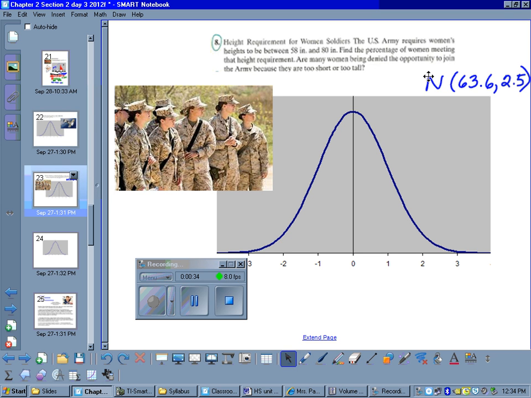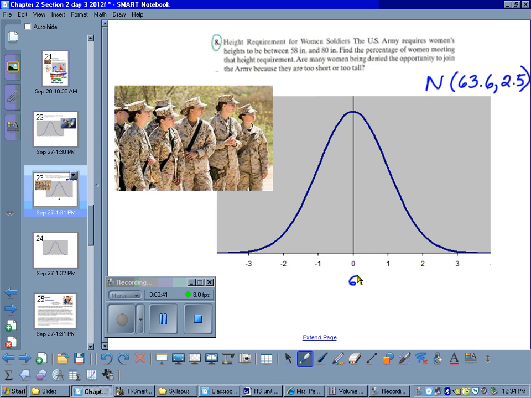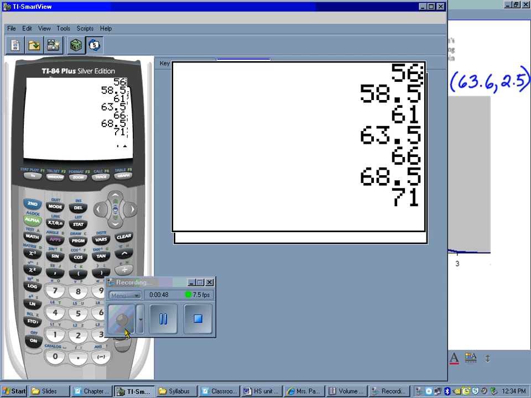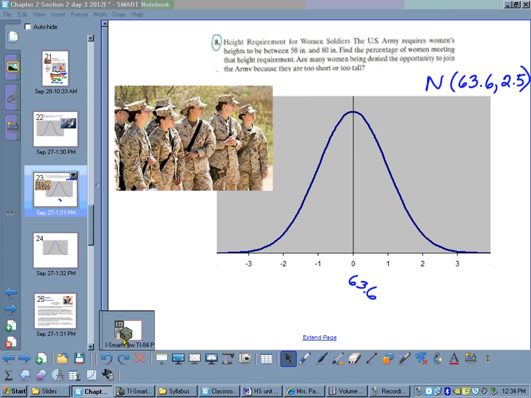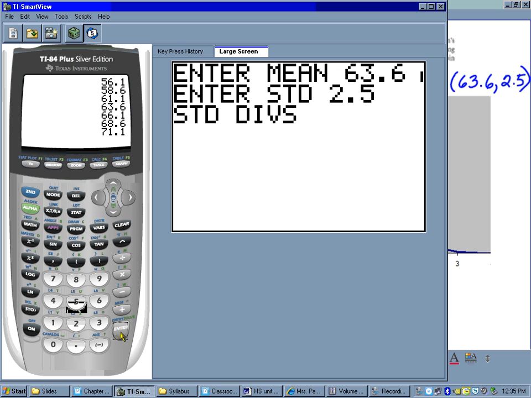So, first thing we need to do after putting our normal curve notation, we have to find the X scale. And you can use your program norm dist to do this. We have 63.6 for our mean, standard deviation of 2.5.